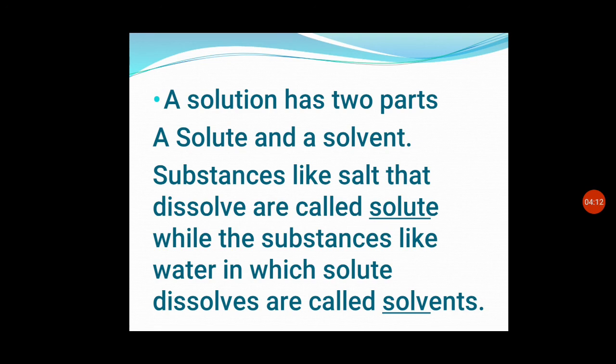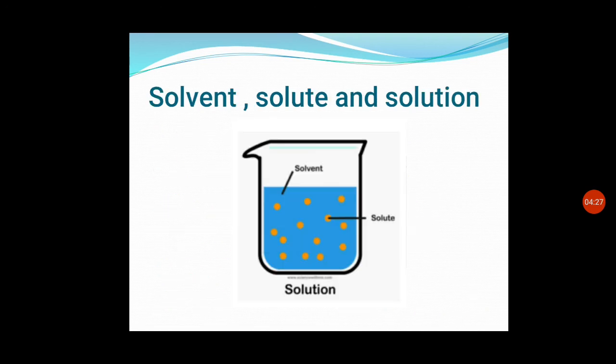Substances like salt that dissolve are called solutes, while substances like water in which solute dissolves are called solvents. These are very important terms. Through this picture it is more clear what is solvent here and what is solute. The particles which we have dissolved in the solvent, that is in water, have made the solution.